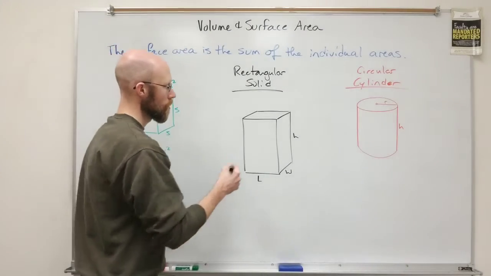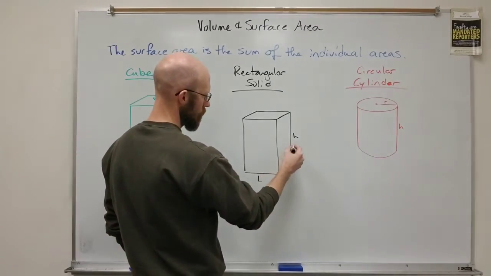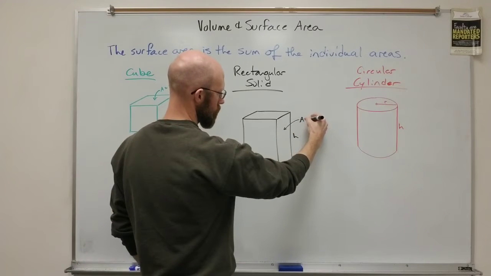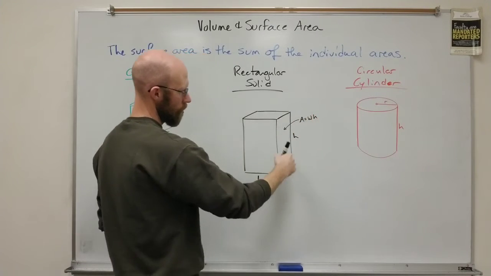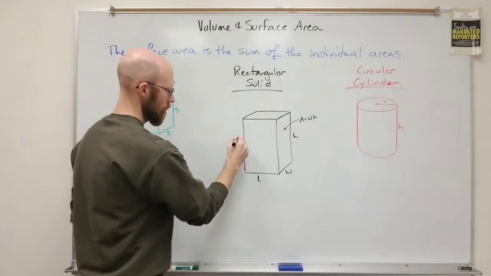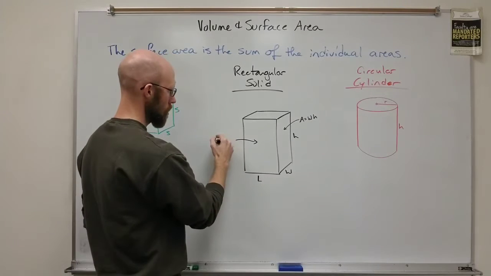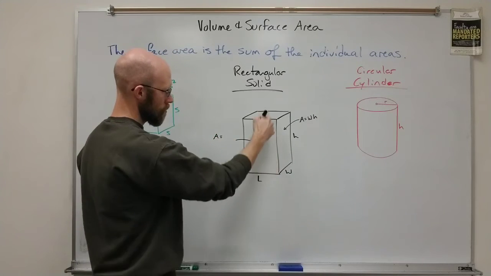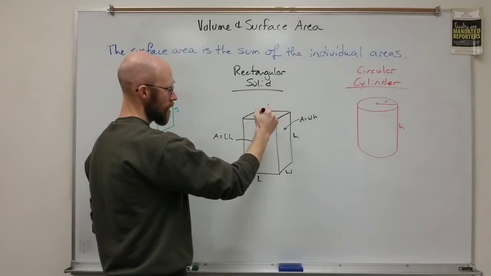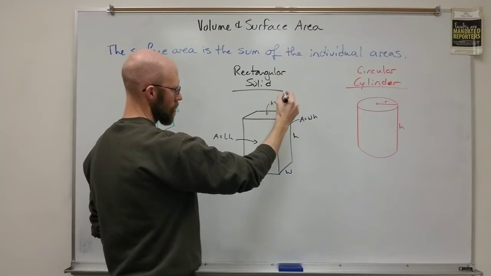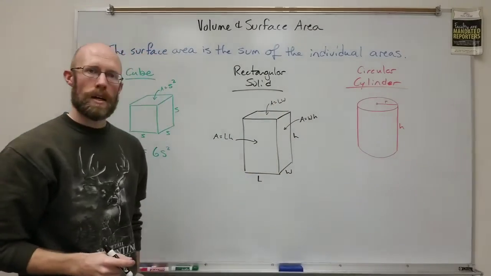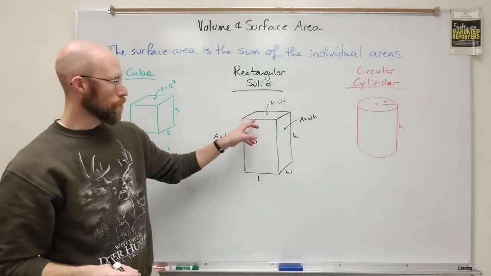If you look at the area of this vertical side on the right, the area here is the width times the height, right? It's the 2 dimensions of that side. This front side has an area equal to the length times the height. And the top and bottom have an area equal to the length times the width. Okay, and so that gives you 3 of the surfaces.